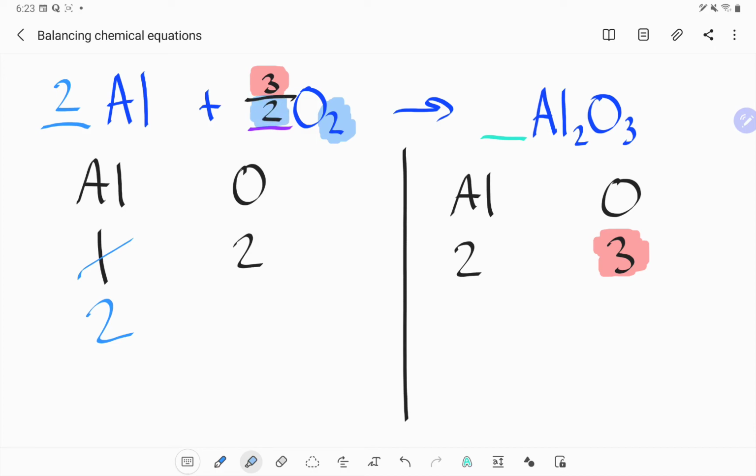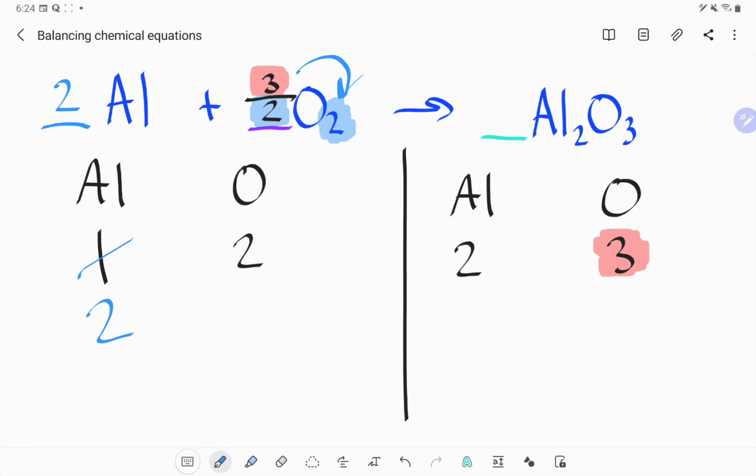Or you can think about it as, well, what times 2 equals 3? Again, what times 2 equals 3? Well, 3 divided by 2 times 2 equals 3 because the 2's would cancel out. But that's where the numbers come from. This 3 and this 3, this 2 and this 2.